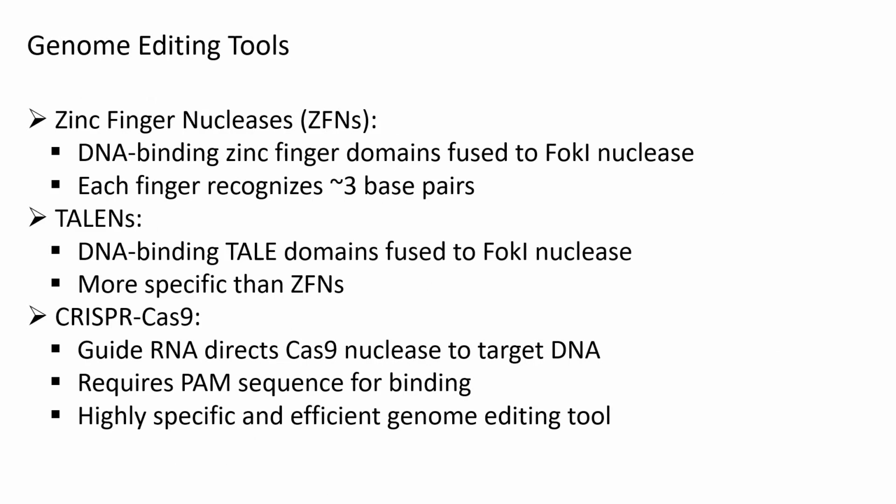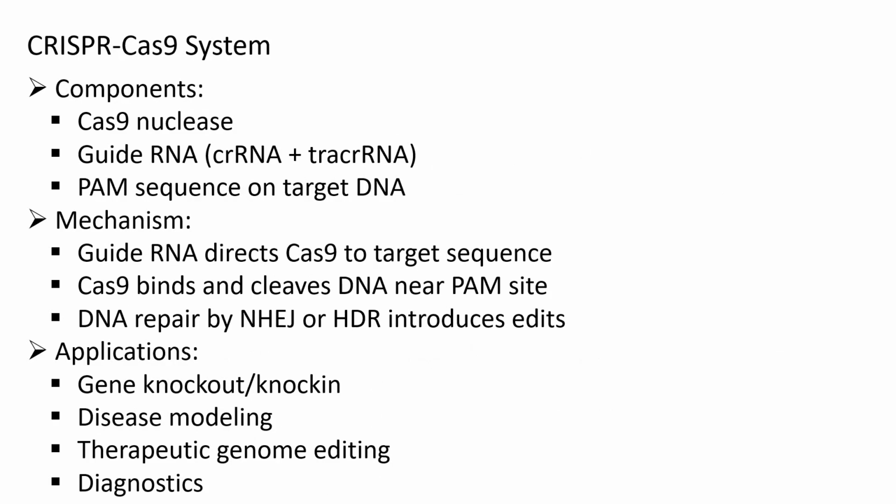We learned about some genome editing tools also: zinc finger nucleases, TALENs, and CRISPR-Cas9. CRISPR-Cas9 has several key components: the Cas9 nuclease itself, the guide RNA, which involves the crRNA plus the tracrRNA, and the PAM sequence.